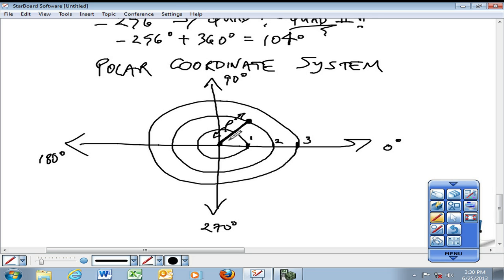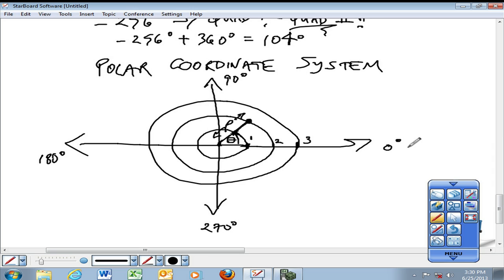And then there's some angle. Okay, let me see. Got Ginormica eraser here. See if I can do a better job. So there's theta. Theta is this amount of degrees or radians, depending upon the language of your calculator.